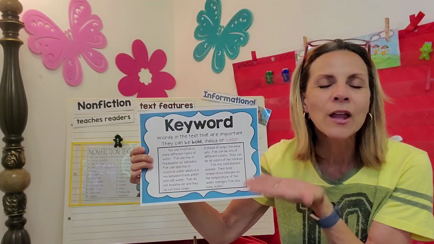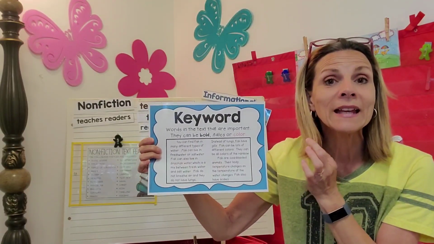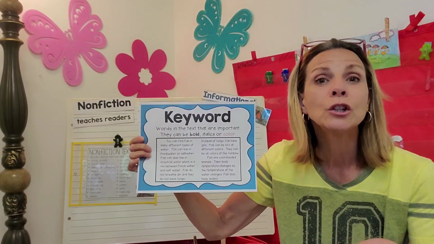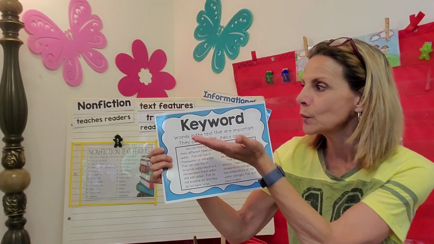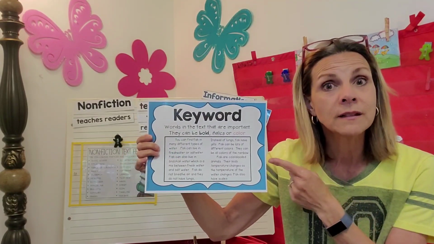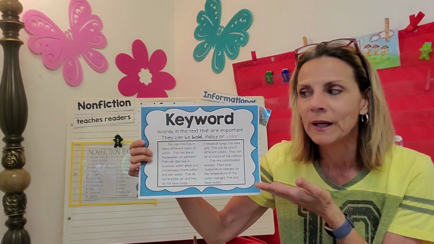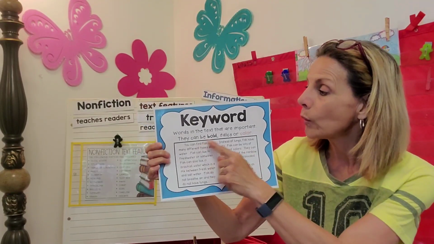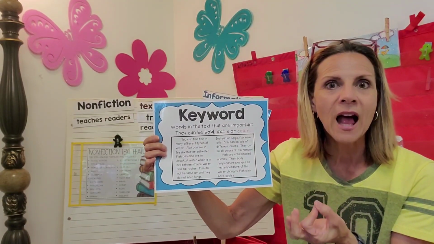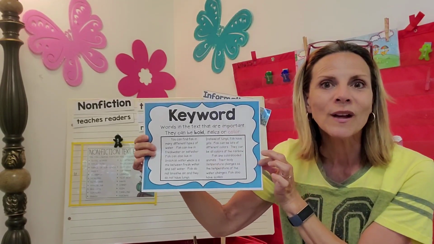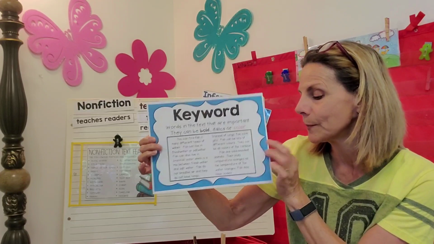When you spy words in a nonfiction book that are different from the other print, you understand that those words are keywords. They're important to this information, this topic that you're reading. You should tune into those. So keywords will be different in size, shape, even color. So tune into those keywords.